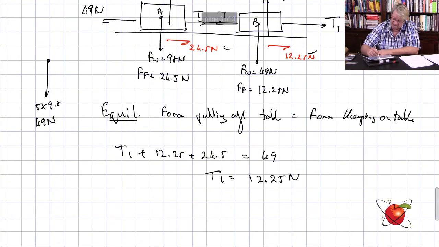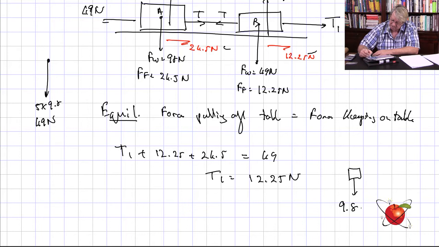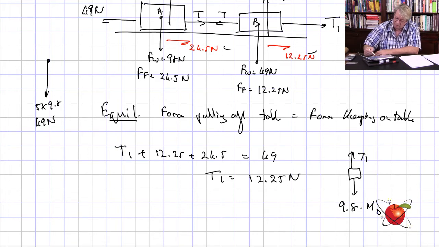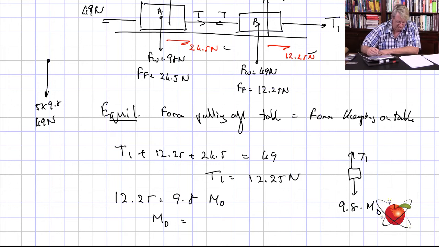If I draw a little free body diagram on that side, we've got the mass over here, which is 9.8 times the mass that we're placing at D, I think it is. That must be equal to T1, because it's not moving. So 12.25 must be equal to 9.8 times md, therefore the mass we can place at D is 1.25 kilograms.